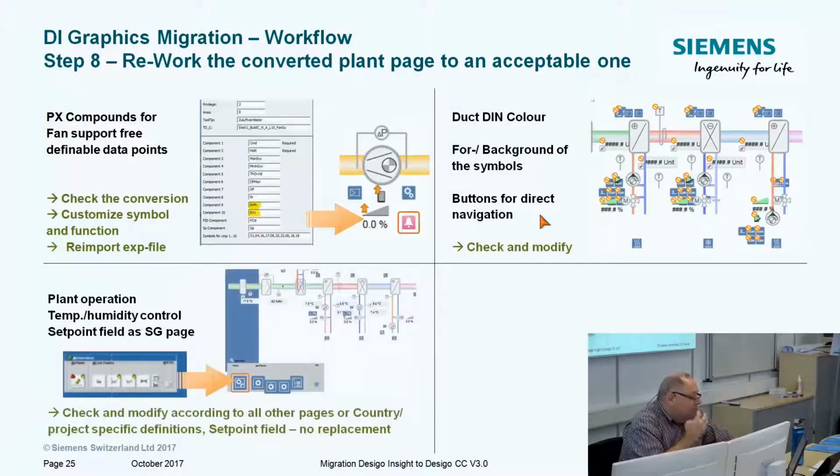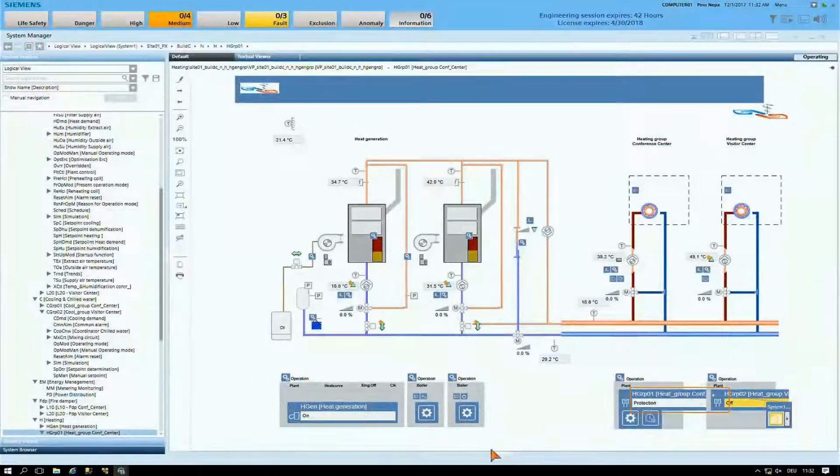I'm changing the screen again now. So plant operations, and this is different. You see here the plant operations, okay? For making the plant operations, in the conversion tool, in the mapping tool, we are using the Desigo CC library, okay?